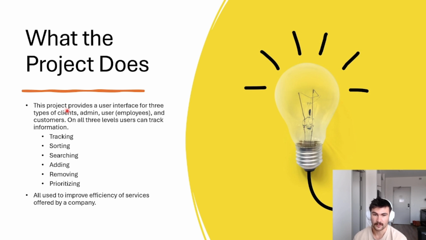So there are different use cases for different levels of users, which I will go over in a little bit. But it's all used to improve the efficiency of the services offered by a given company. The whole point is to provide software for a company to track their services better.